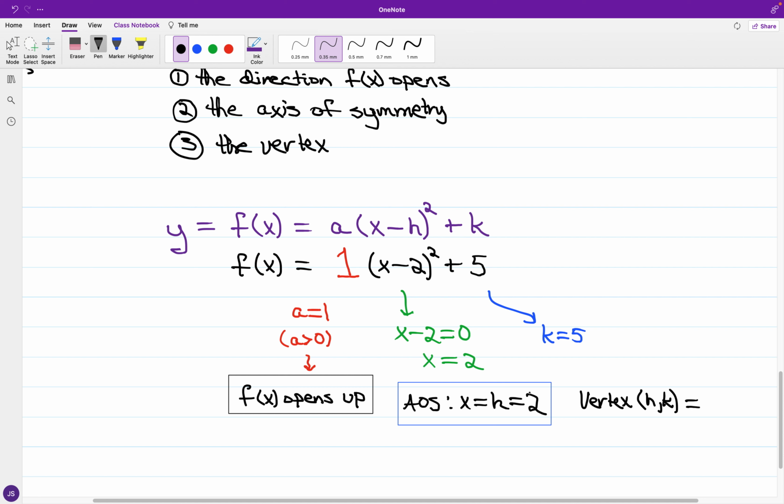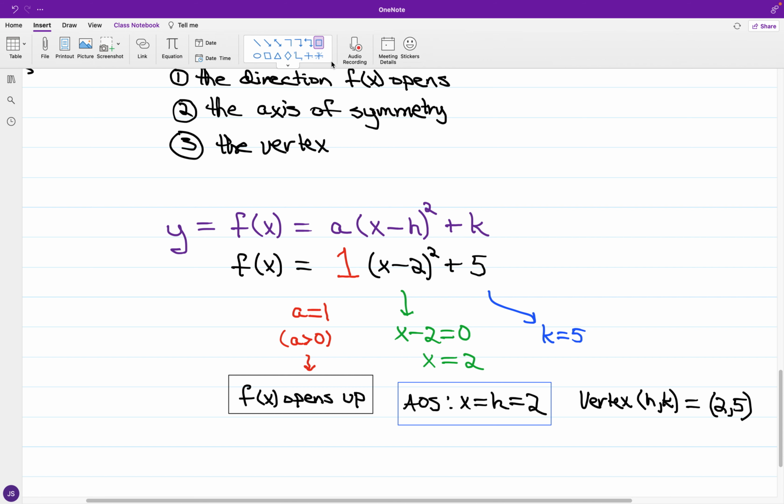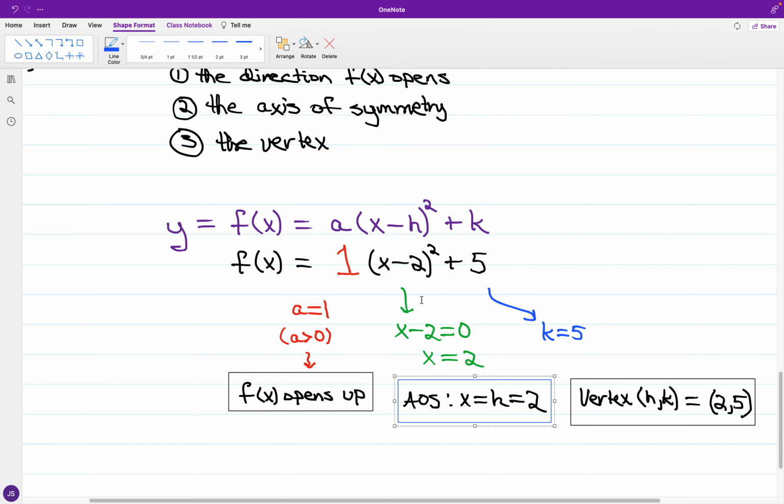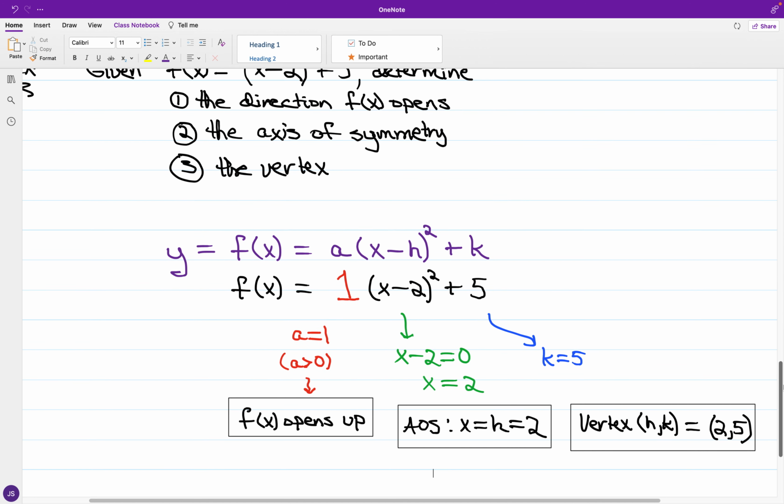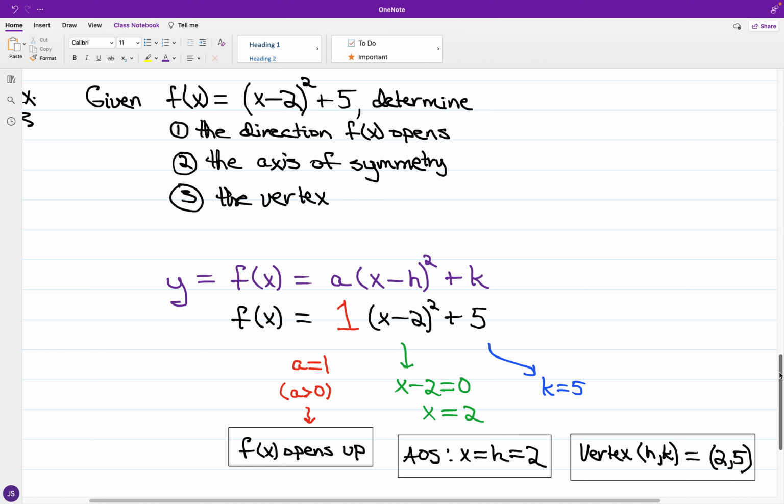So h will be the x value from setting to 0 that which represents x minus h. So again, we have h is at 2, and once again, we have k to be at 5. All right, so those are our introductory components for this function expressed in vertex form.